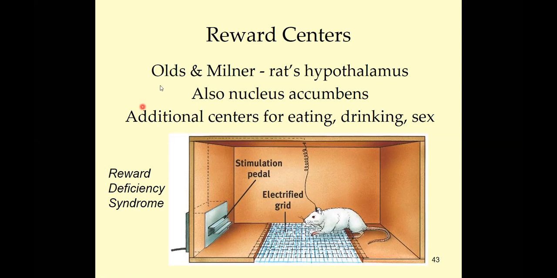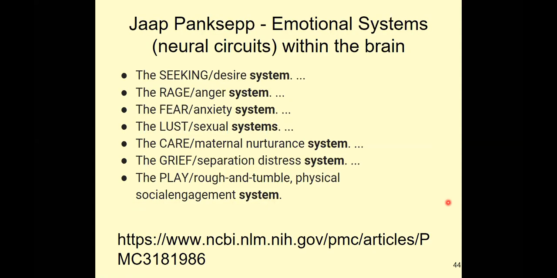By the way, I should mention they learned that dopamine was one of the primary neurotransmitters involved with this whole reward system. And interestingly, drugs that people get addicted to often are those that stimulate significant releases of dopamine. So there seem to be parallels there. As they looked at humans, they found that there are additional reward centers for eating, drinking, sex, all kinds of things. The human brain is a little more complex.